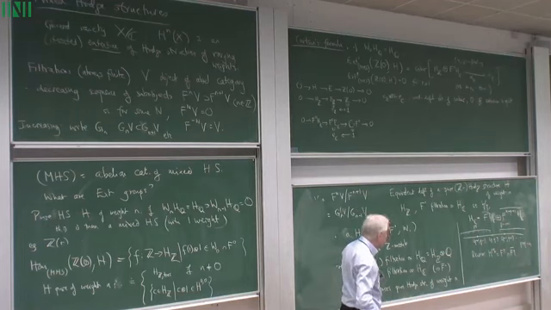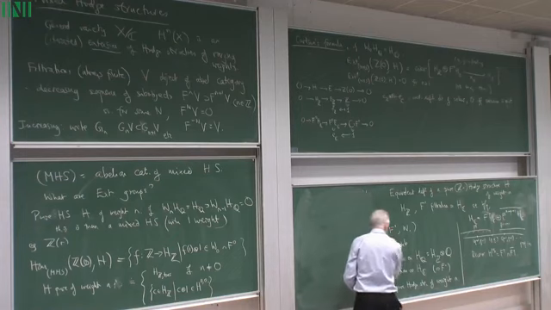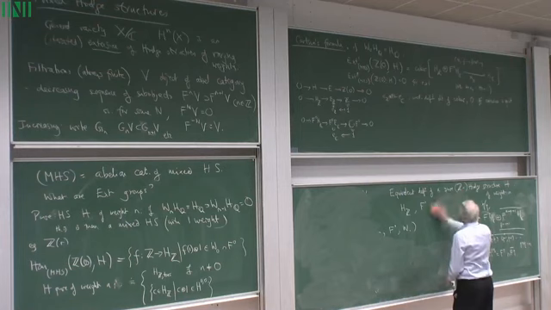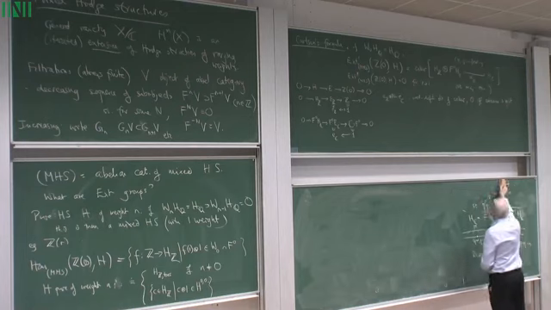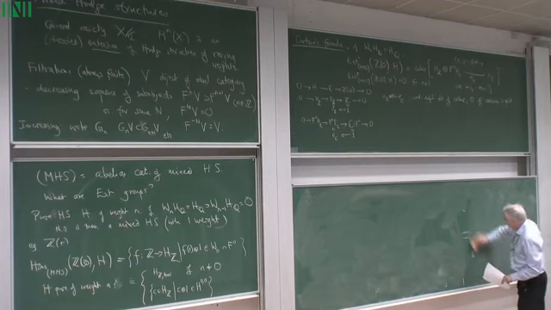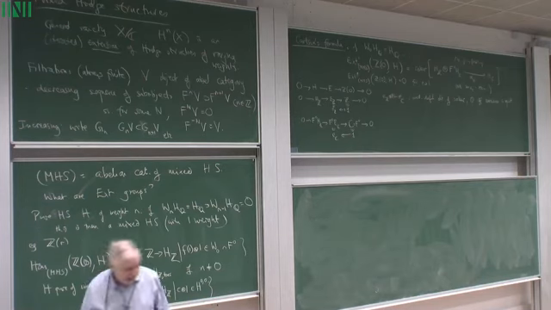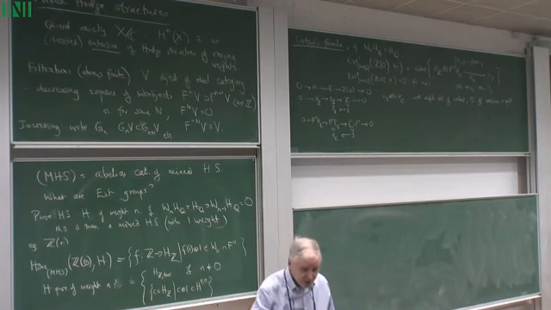The Ext groups are always 0 above 2, and Ext^2 is, in fact, always finite. Okay, so on the board you wrote that it's 0 for r bigger than 1.